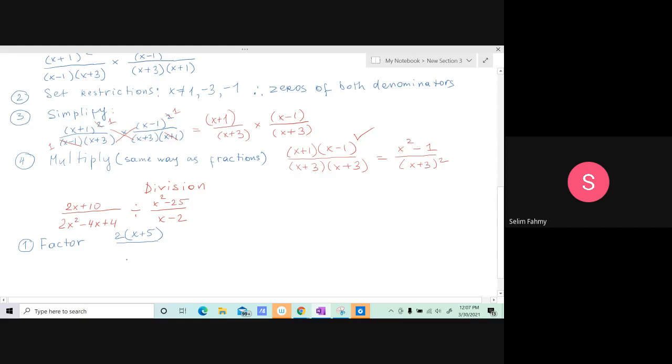We can use greatest common factor also. So 2, and then x squared minus 2x plus 2. Now when I got this expression, do you think we can try to simplify it more?